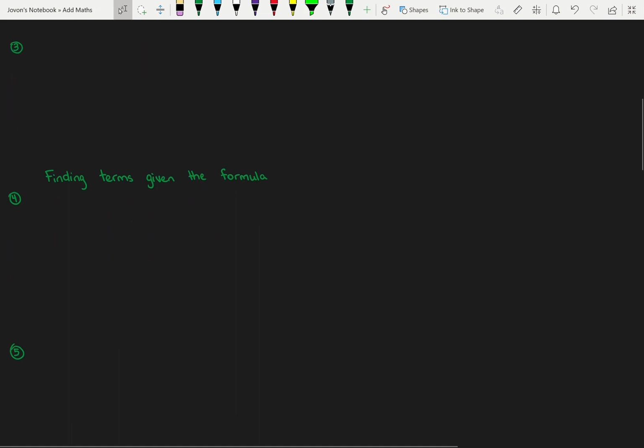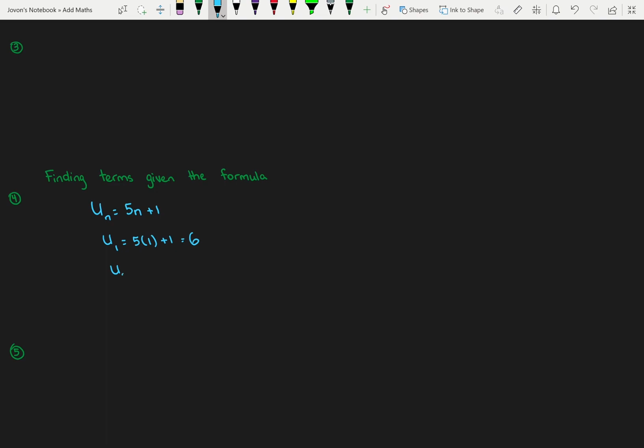So now, finding the terms given the formula. Again, this is something pretty simple, guys. So if I tell you that u of n is equal to 5n plus 1, and I tell you to find the first three terms, all I do is u of 1, which represents the first term, is equal to 5 into 1 plus 1, which is equal to 6.